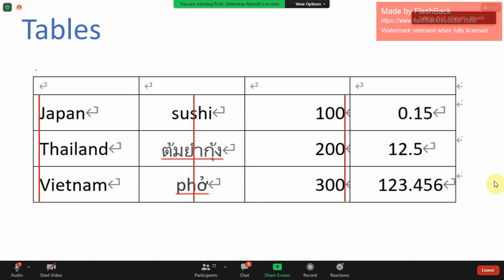And finally, the rightmost column, these are decimal numbers, okay, 0 point something, 12 point something, 123 point something. These are better to be centered on the decimal point, okay?